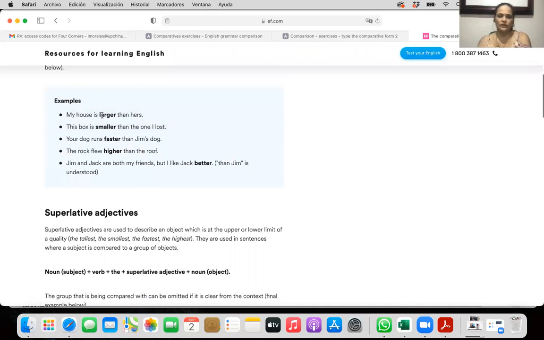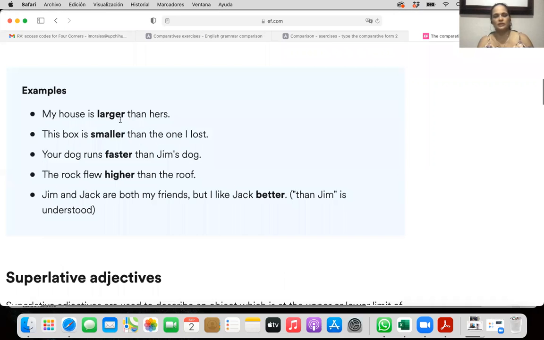Okay, so here we have good examples. This one, for example, large is monosyllable. So my house is larger than hers. Another one is small, one syllable. So we have this box is smaller than the one I lost. Another one is fast, a monosyllable word.